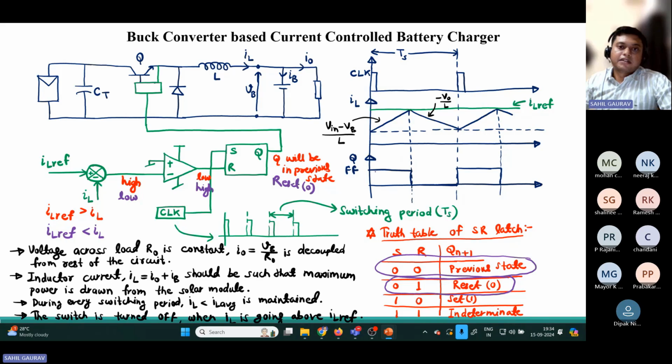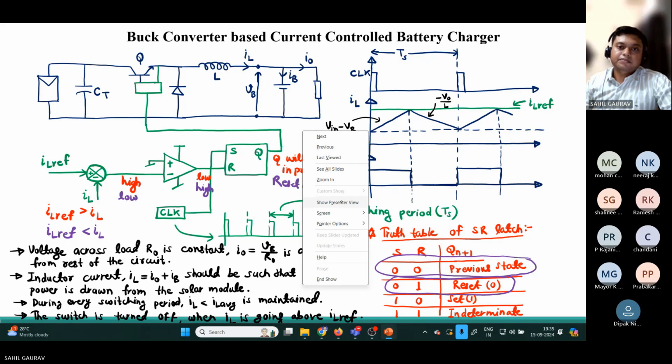So this is the signal that we are getting from the Q flip flop, and this is the logic for the current controlled battery charger based on this buck converter.